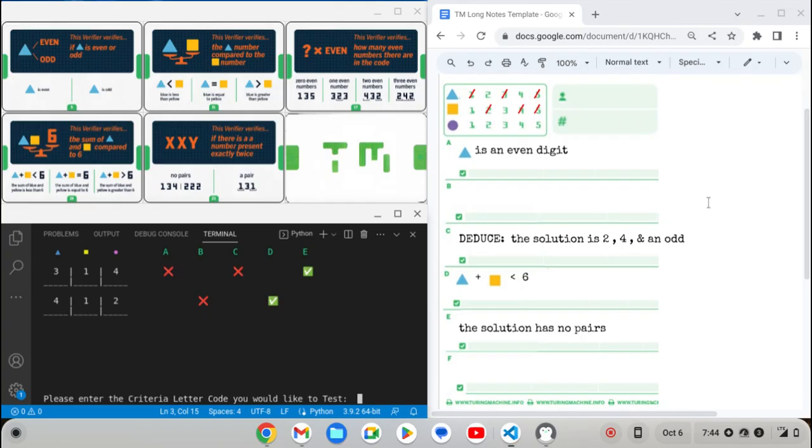So I'm going to type it up as we're going to deduce that, in fact, triangle should be less than square. So let's type it up as triangle should be less than square.